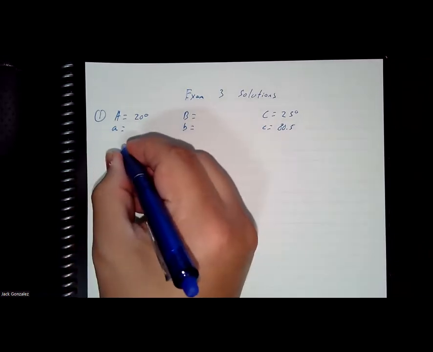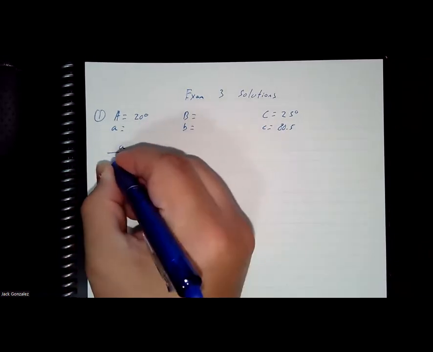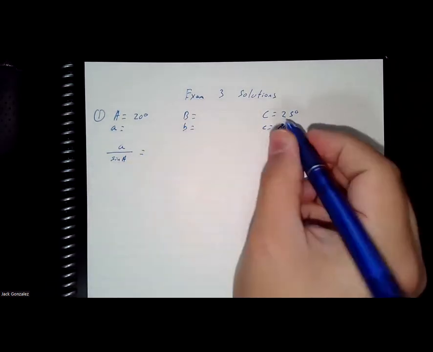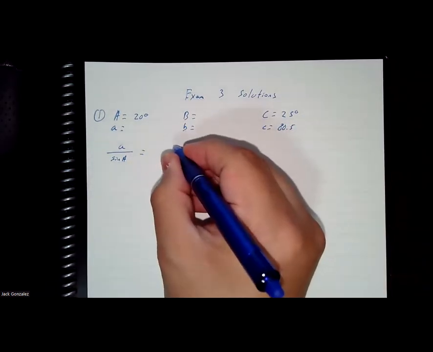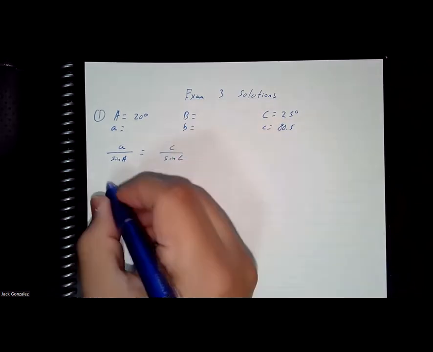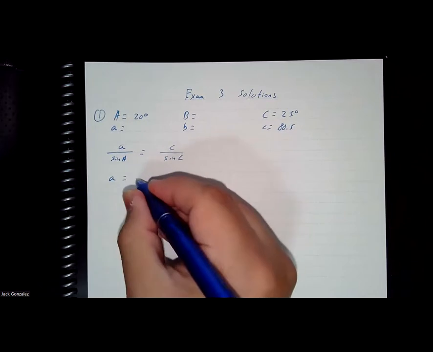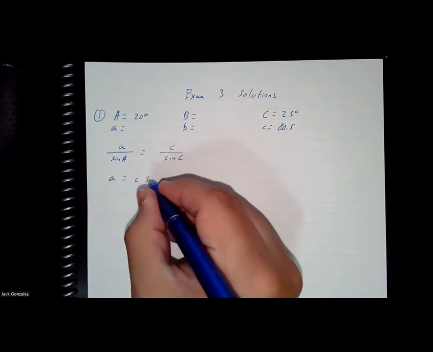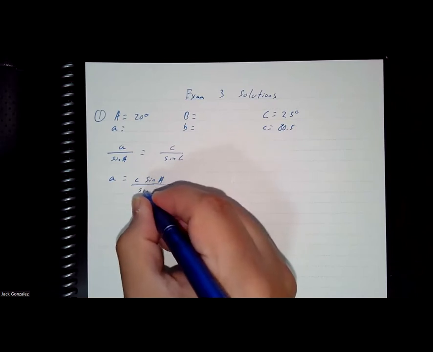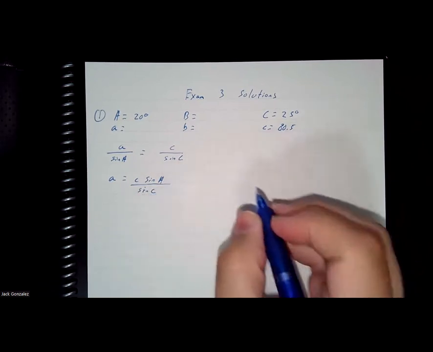So what I'm going to do is set a over sine A equal to the piece that is known, c over sine C. Solve for a, that'll get us to c sine A over sine C, right?